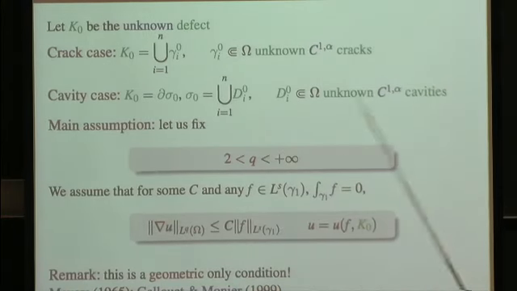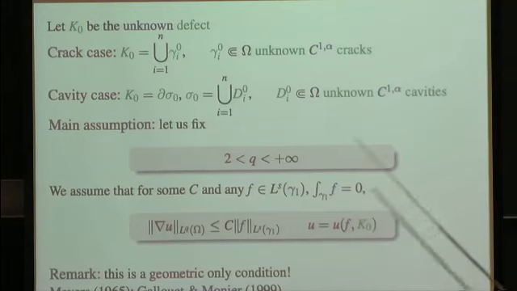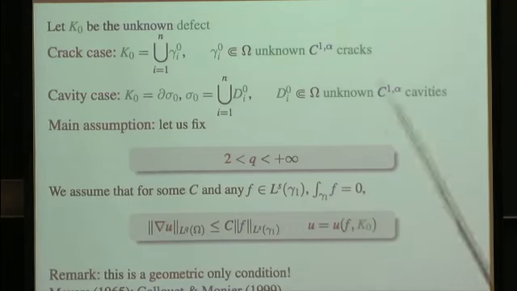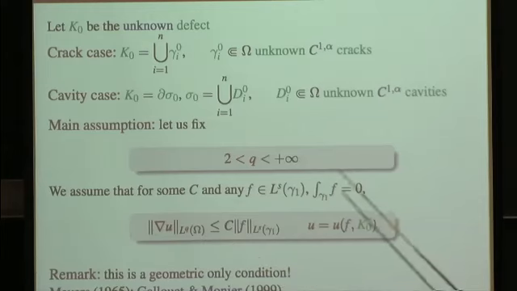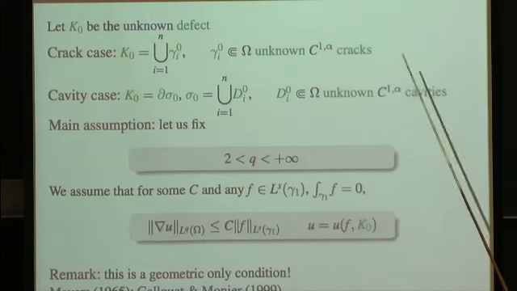And this is not really a restricted condition, it's a geometric only condition, and it comes out essentially from the higher integrability in the interior for elliptic equations due to Meyers, which has been extended up to the boundary in some cases by Galois and Monnier. So this is not really a restricted condition, and it applies to most of your favorite crack or other kind of structure situation. But I need this Q here, even if it will not be very clear why.